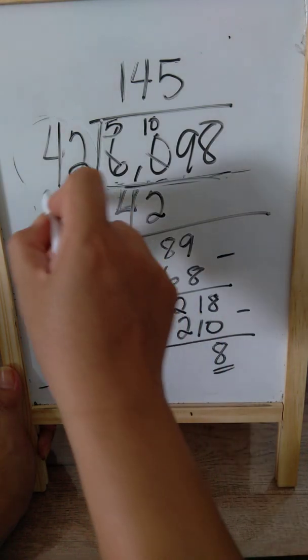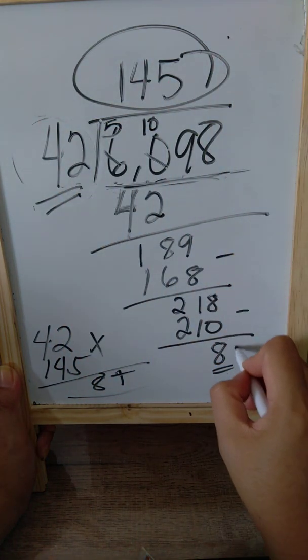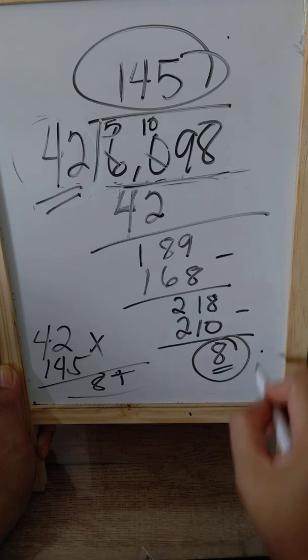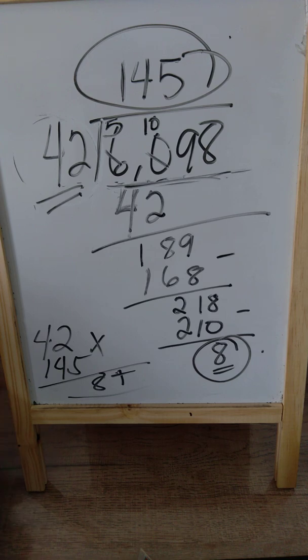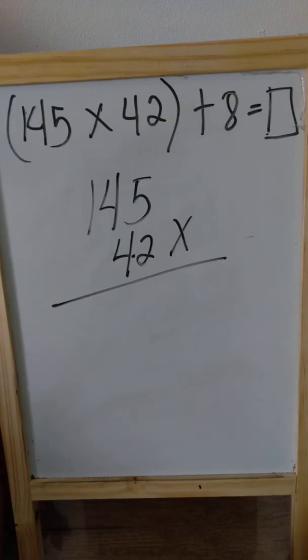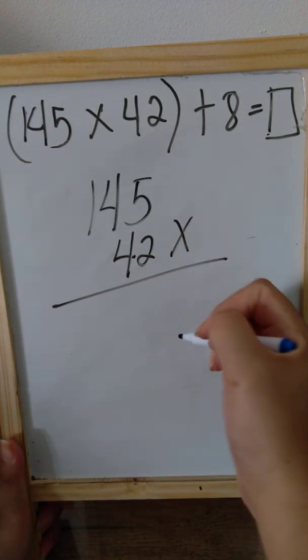The divisor is 42, the quotient is 145, and we have to add the remainder. Please listen very carefully.